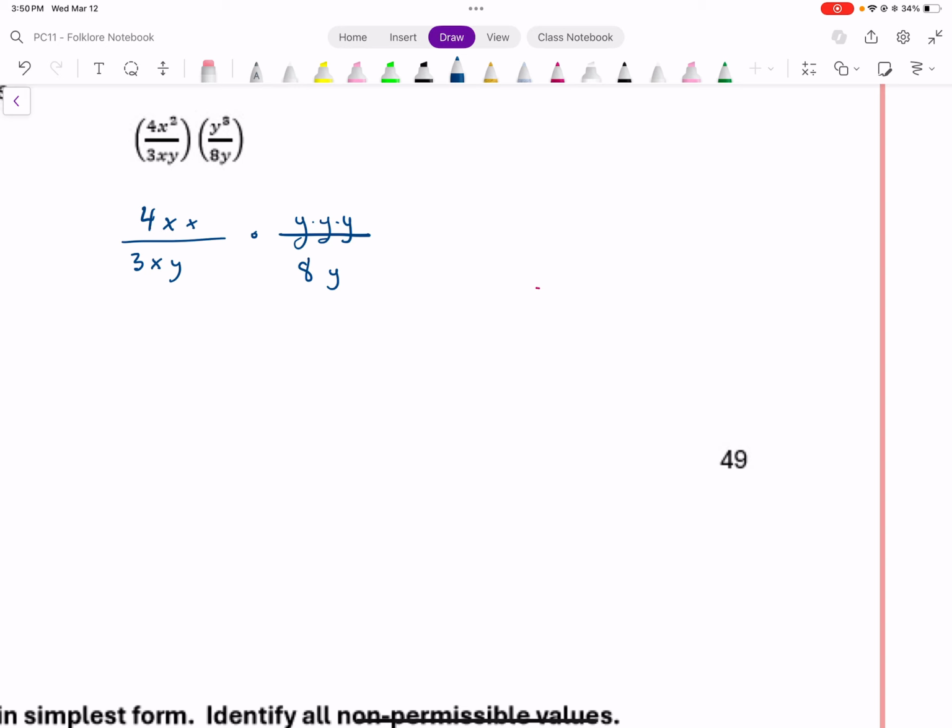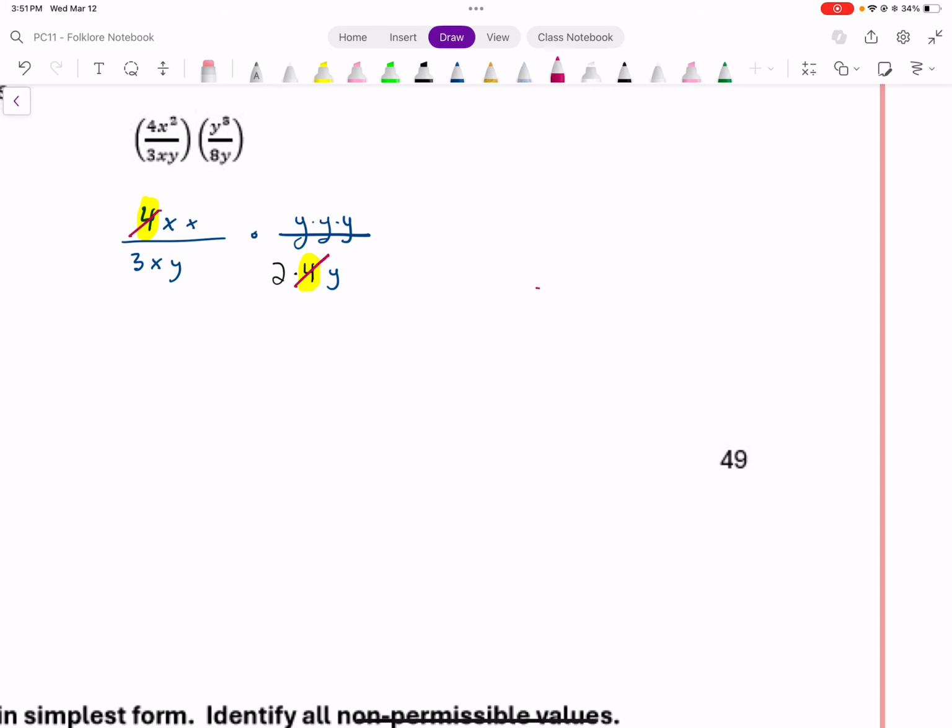Instead of writing 8, maybe I want to write 8 as 2 times 4. The reason why I would do that is I recognize that there's a factor of 4. Wouldn't it be nice if there was a factor of 4 in the denominator that I could cancel out? So allow me to start: 4x squared divided by 3xy times y to the power 3 divided by 8y.